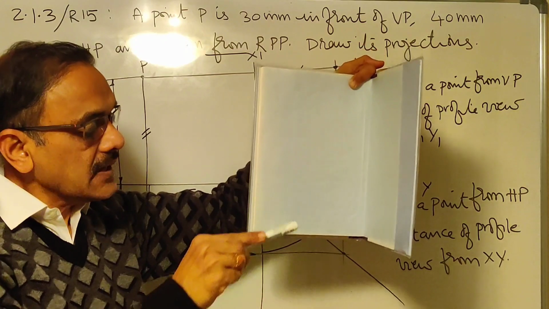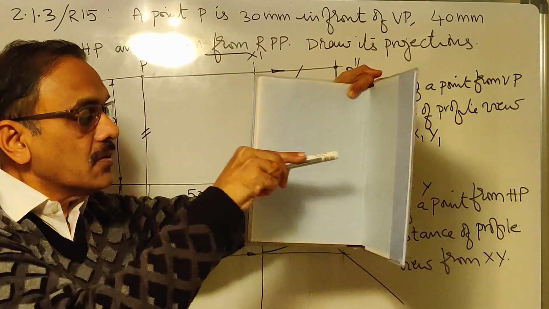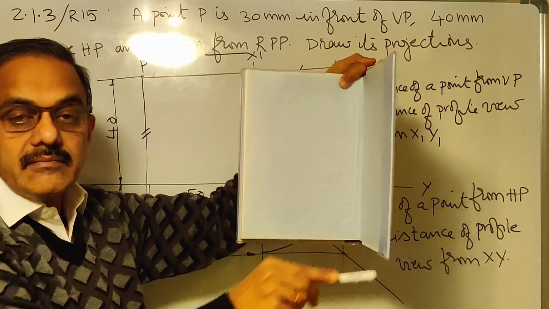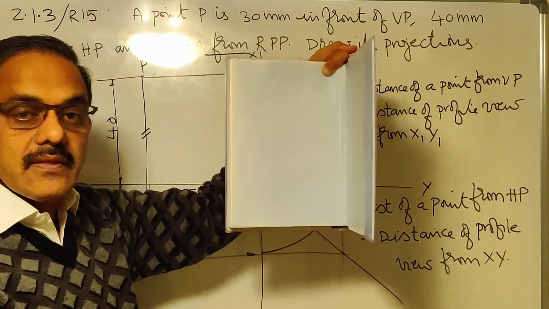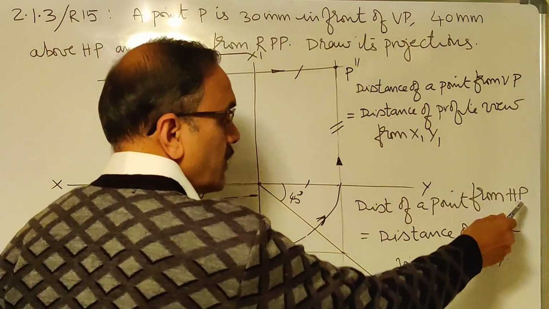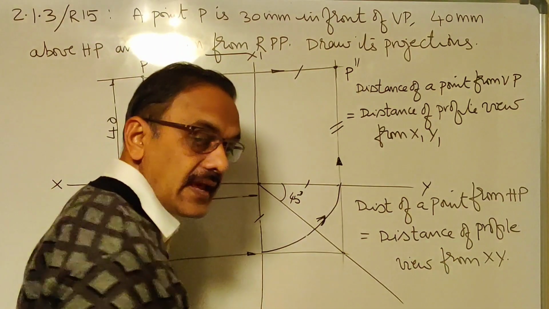Let me tell you once again. Distance of a point from HP should be equal to distance of the profile view from the XY line. So if you have understood that, let me show you the statement here. Distance of a point from HP is equal to distance of the profile view from the XY line.